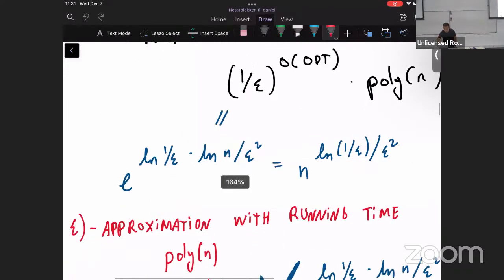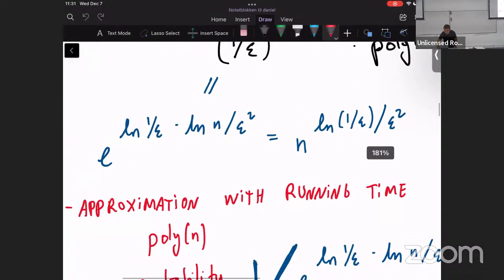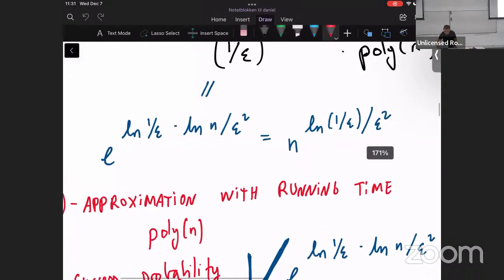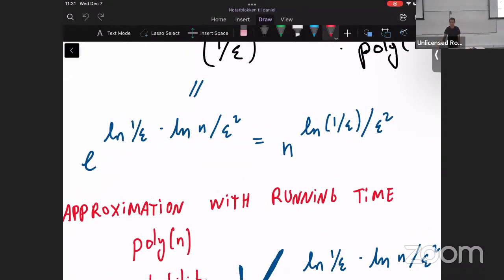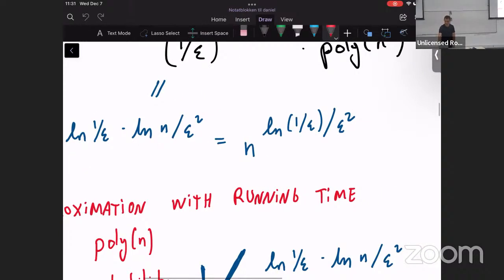So this is, for example, the calculation right here. Because if opt is ln n divided by epsilon square, then this is e to the ln of 1 over epsilon times ln n over epsilon square, which is n to the natural log of 1 over epsilon divided by epsilon square, which of course is polynomial when epsilon is a constant.